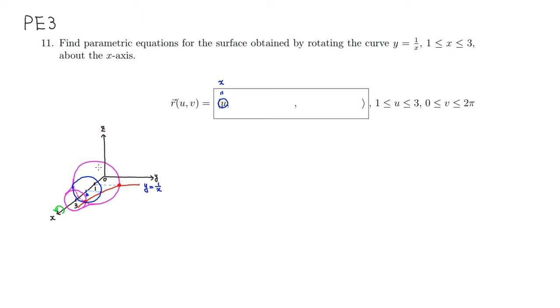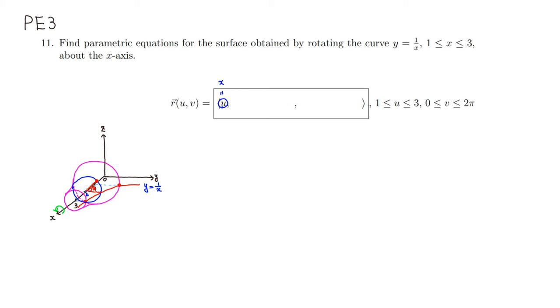Then all you have to do is use the angle. I'm going to use red here. The angle here would be theta. Then we want to express the points on this circle. The radius is determined by a function value, and the function value at x equals u is 1 over u.